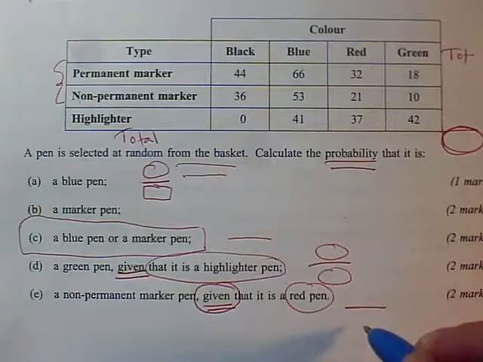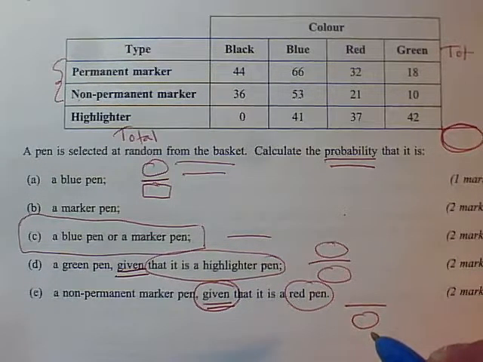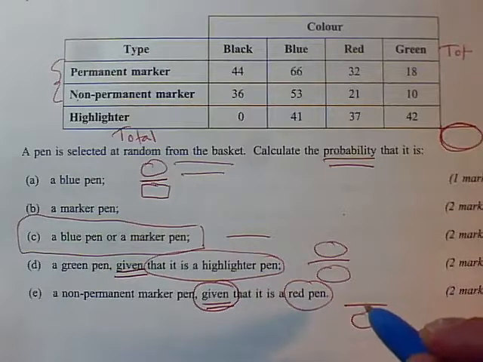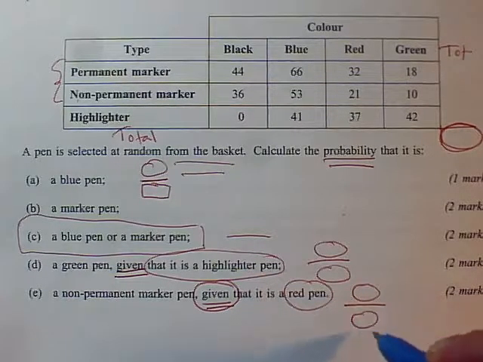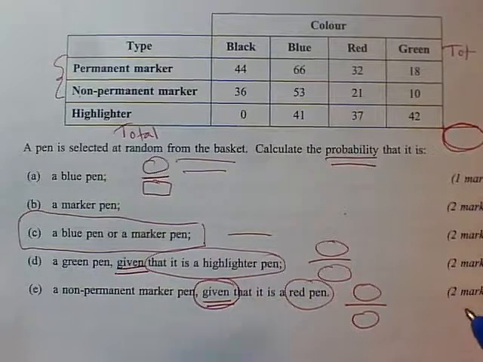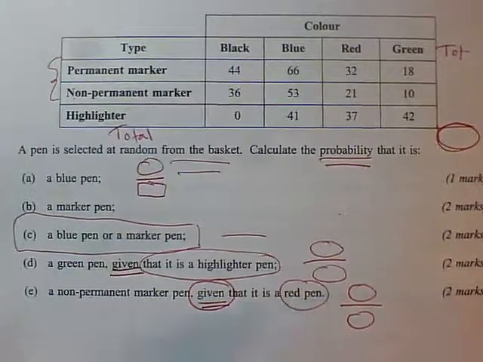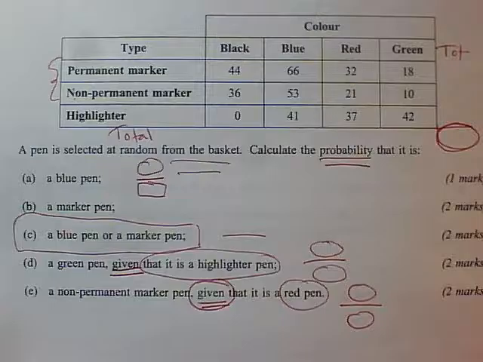So the bottom number of our fraction is going to reflect the fact that we know that the pen chosen is red, and then the top number is going to be selecting from the red pens how many of them are non-permanent markers. So if you think clearly and you know how to organize the data in the table, then you should be able to hoover up lots of these lovely marks.